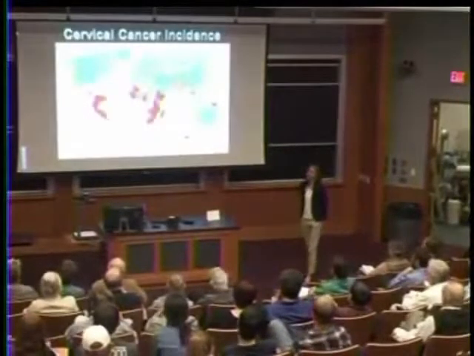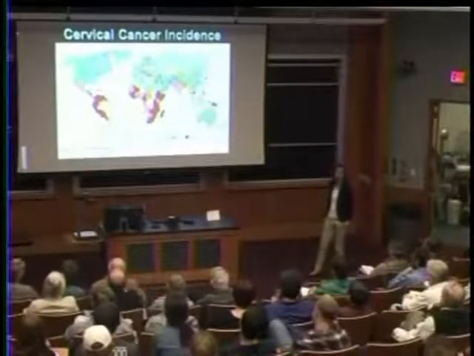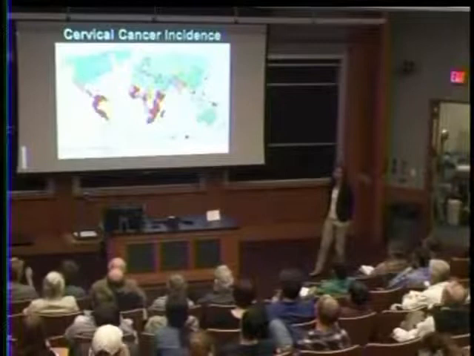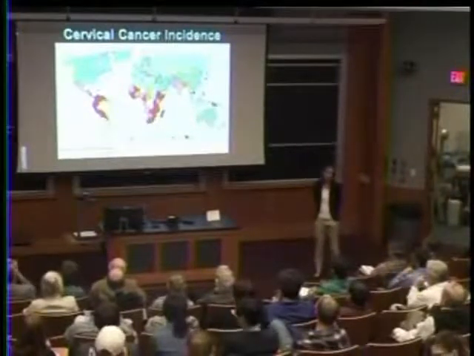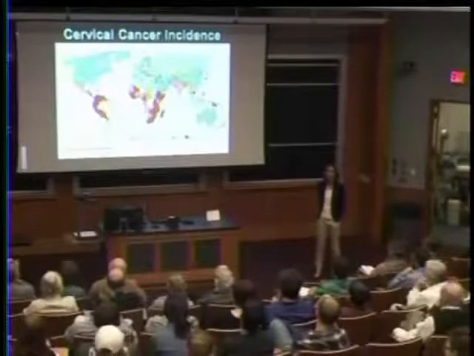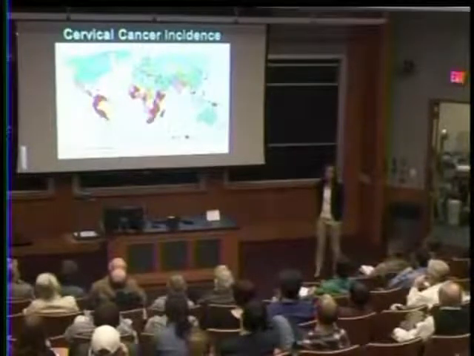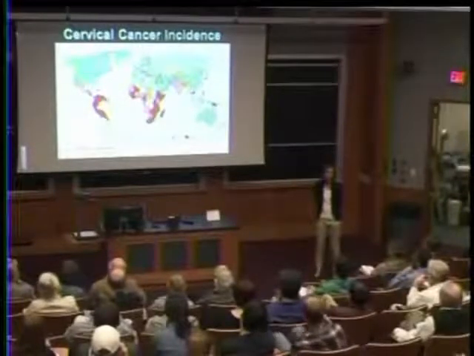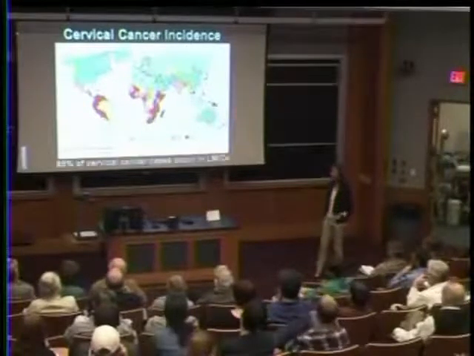I think this map illustrates part of the reason. This map shows the incidence rates of cervical cancer worldwide, and red and yellow represent high rates of incidence. You can see that in poor countries in sub-Saharan Africa and in Southeast Asia in particular, the rates of incidence are orders of magnitude higher than they are in high resource settings.